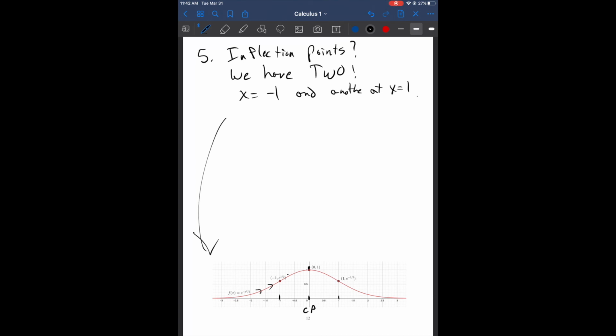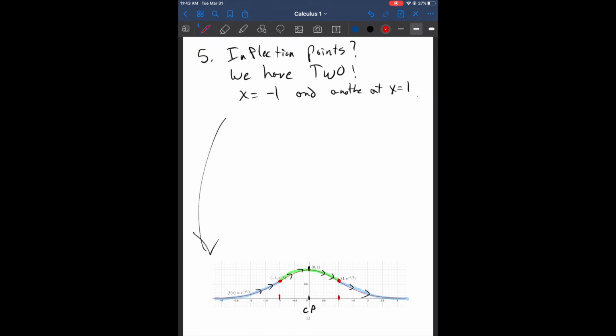Our function is increasing on this part of the graph and decreasing on this part of the graph. It's concave up right here, and it's concave up right here. Okay. And it's concave down in this middle section. And you can see the inflection points happen right here at 1 and right here at -1.